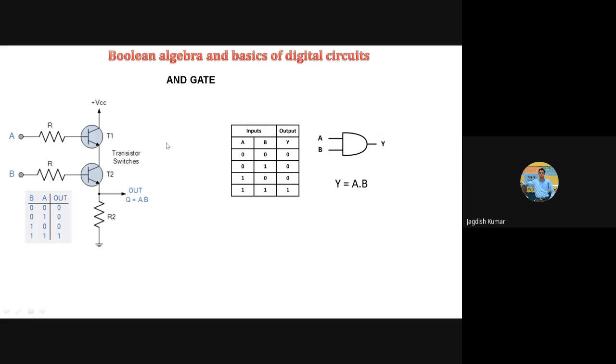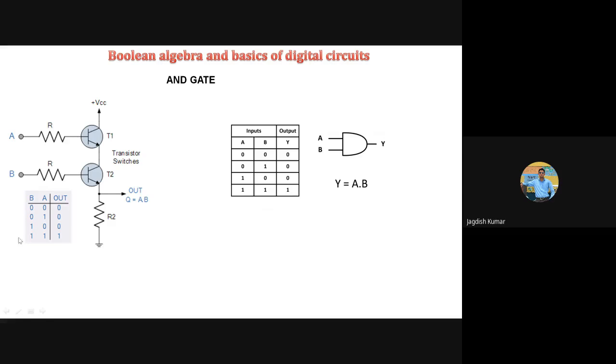So the voltage here will be VCC, but here it again is 0, because this transistor doesn't allow any current to pass through it, because B is still 0. So in that case, there is no potential drop across this resistance, and hence again the output will be 0. Now the third case, when this is 1 and this is 0, the same thing happens.